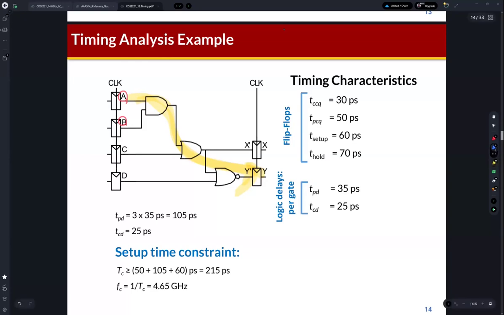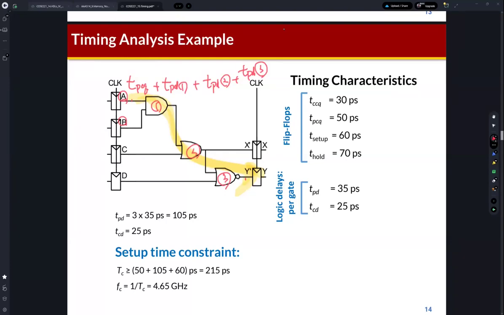So the maximum delay is TPCQ, the maximum delay of the D flip-flop, plus TPD of gate 1, plus TPD of gate 2, and also plus TPD of gate 3. This is the maximum delay from the output of the flip-flop to the input of the flip-flop.